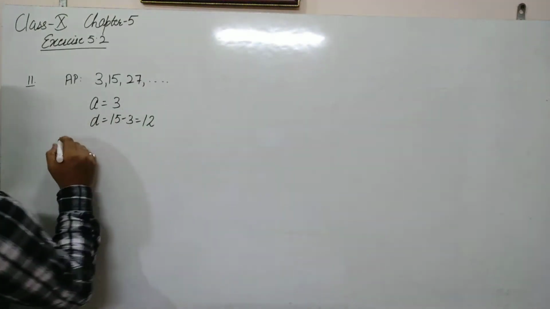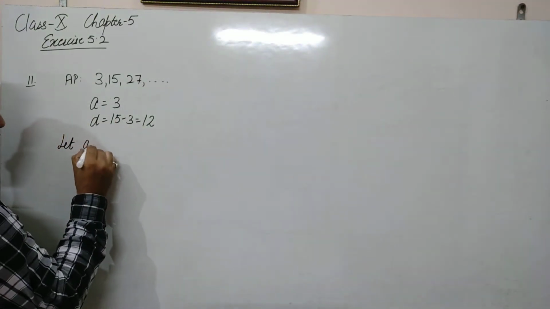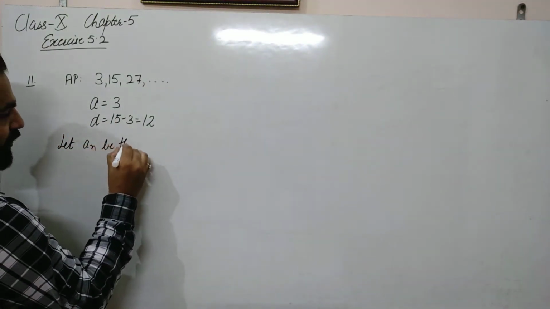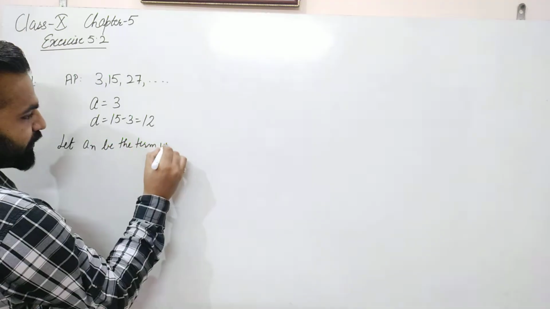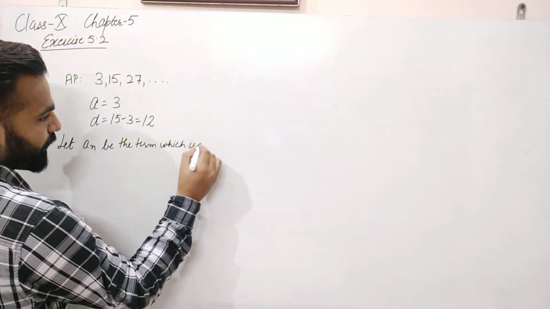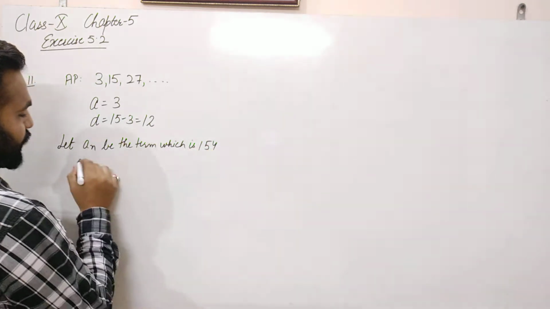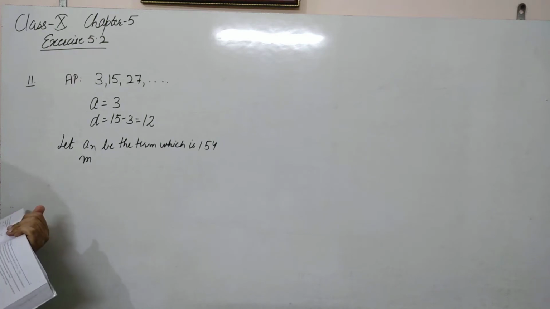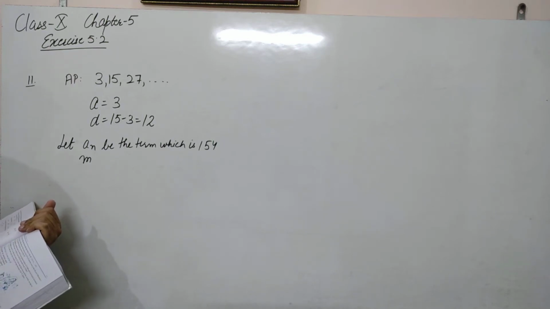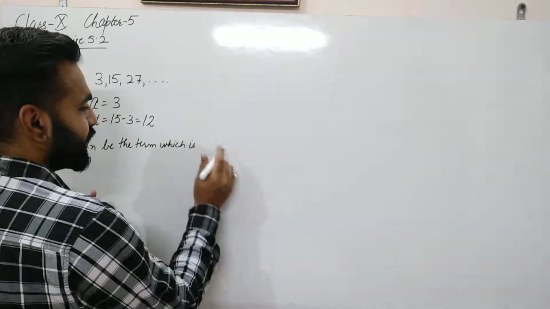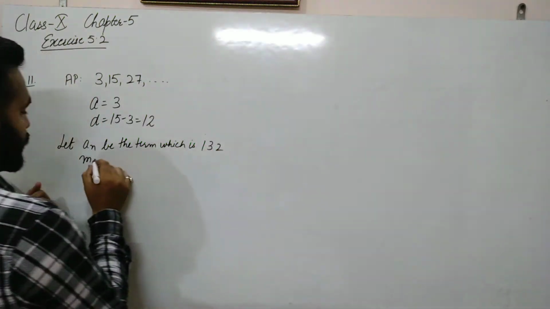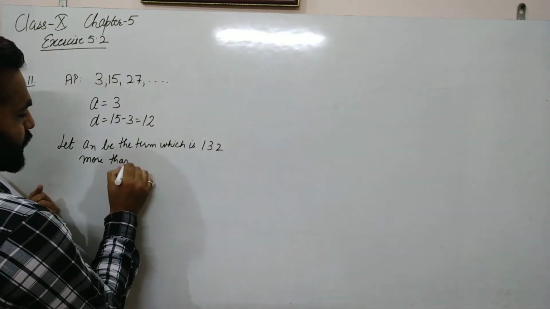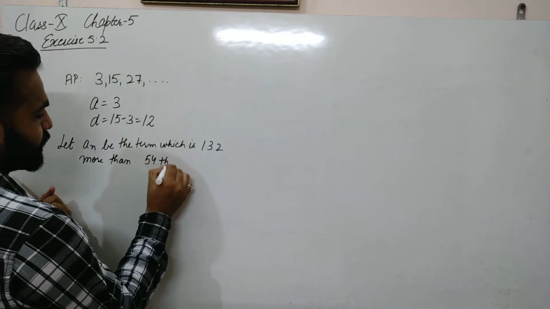So let us suppose, let AN be the term which is 132 more than 54th term.